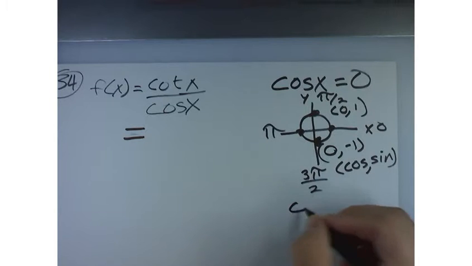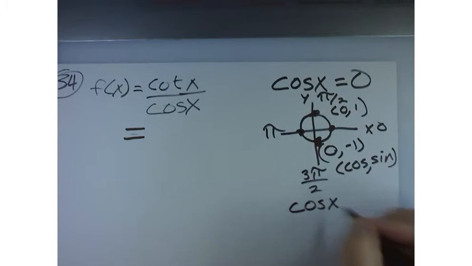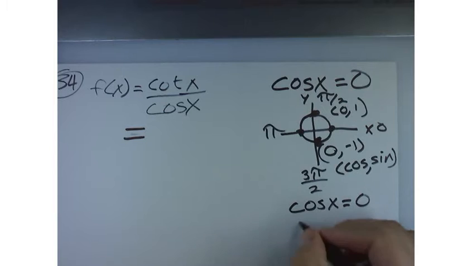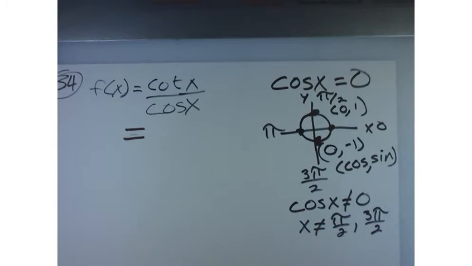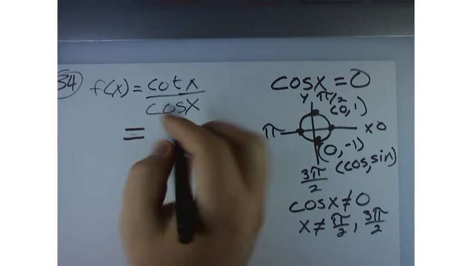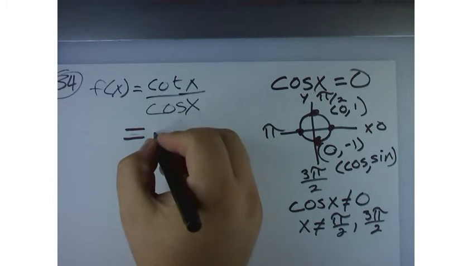So cosine of x equals 0 when x, or x cannot equal, pi over 2, 3 pi over 2, and so on and so forth. But here's the thing. Cotangent is what?